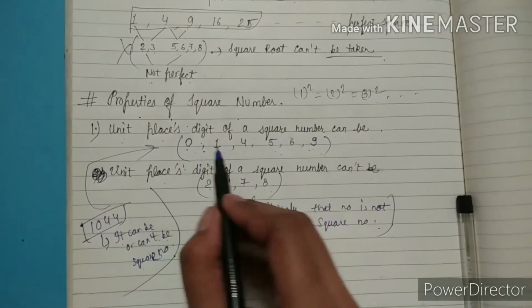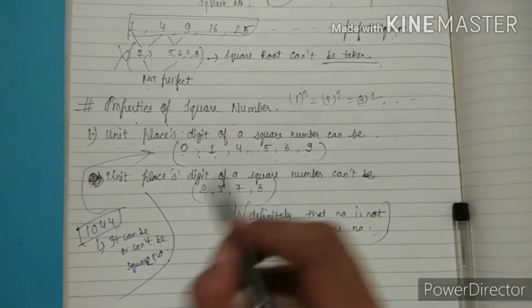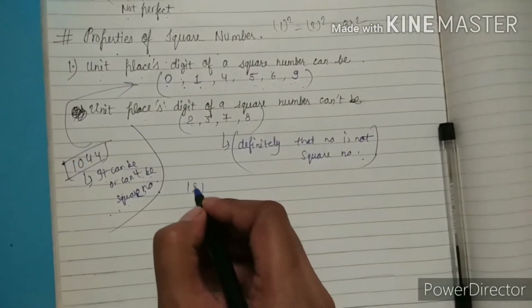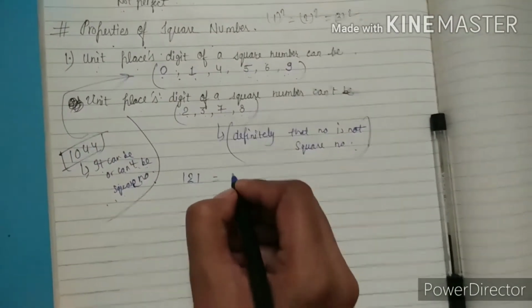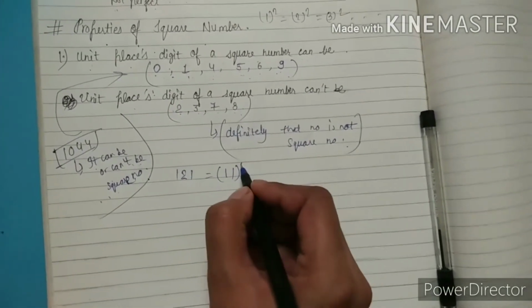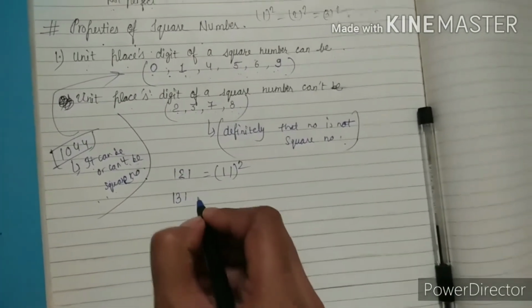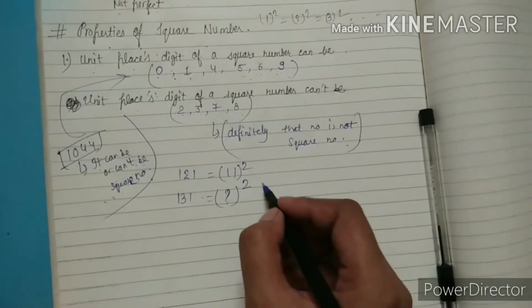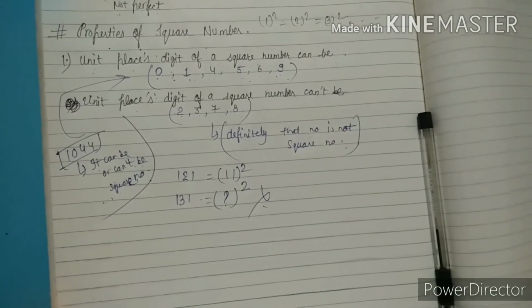But when we see 0, 1, 4, 5, 6, 9, we have to check. Why do we have to check? We can see 121 is the square of 11. But is 131 the square of anyone? 131 is not a perfect square.